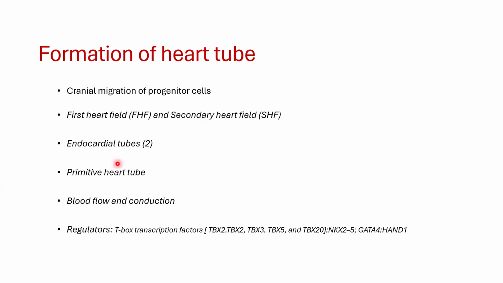And the primitive heart is a straight tube, but we know that the heart is not a straight structure. So then, due to the processes of vasculogenesis and angiogenesis, blood flows through these tubes and bends and turns this tube in a way that makes them malleable and eventually form the final shape chambers that we have in the heart. Okay.